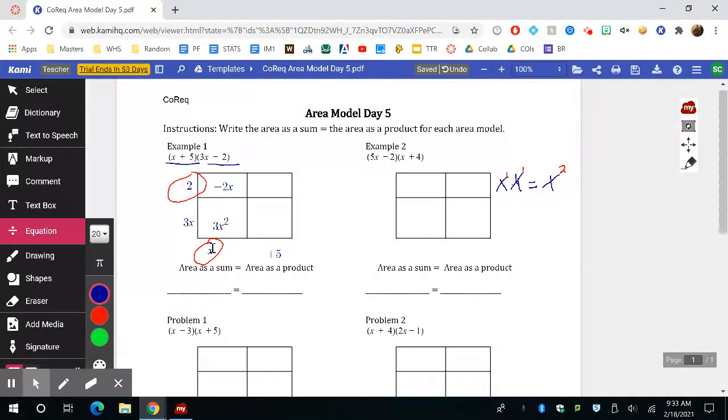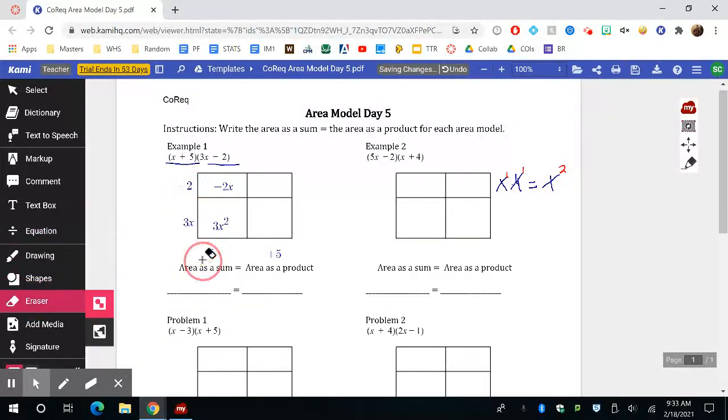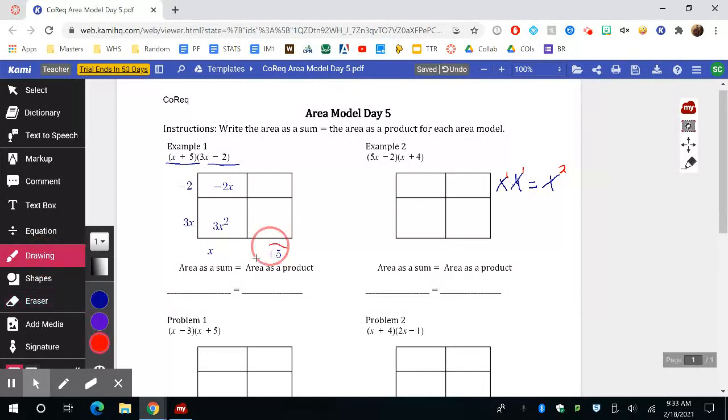And now we're gonna move on to the next part, which is multiplying 5 and 3x, and that's going to give me whatever I need to put on this box right here.